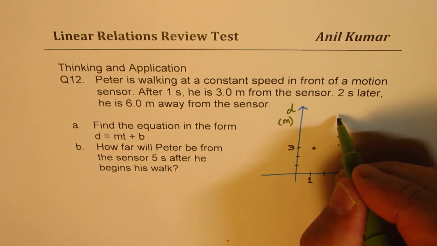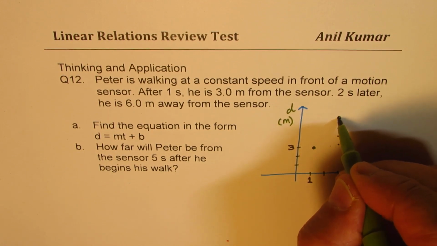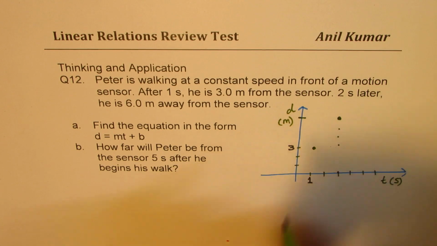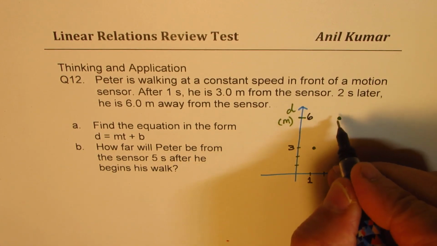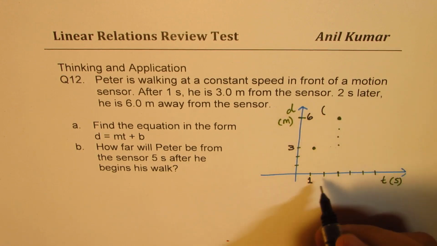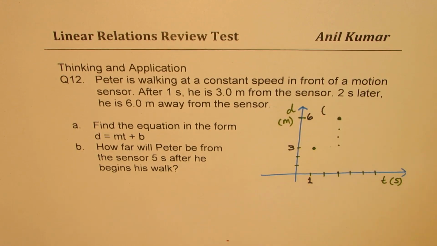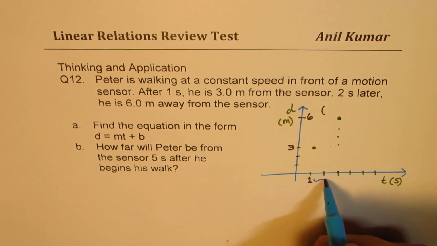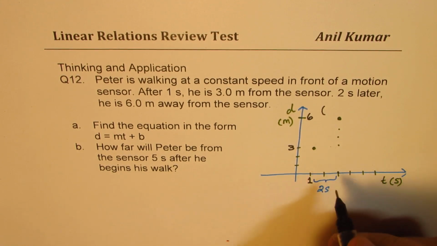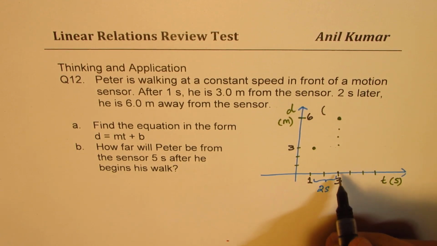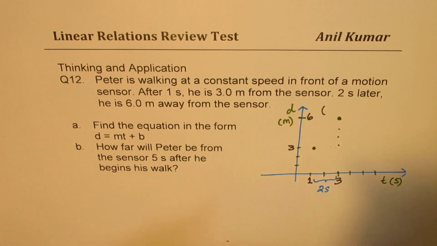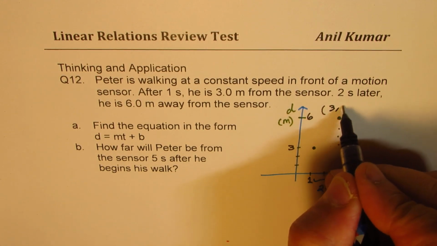So this becomes 6. So after 2, that means the change from here to here is 2 seconds. So what is this time? This time is 1, 2, and 1, 3. So not 2. Perfect. So this point here is 3, 6.